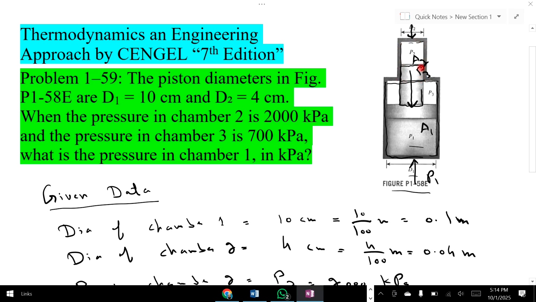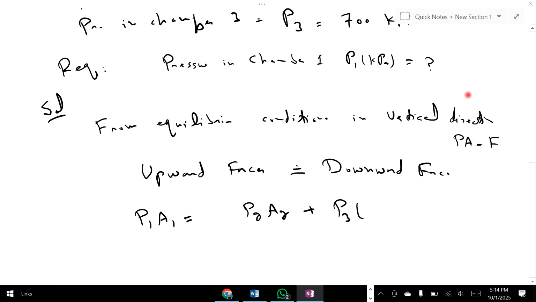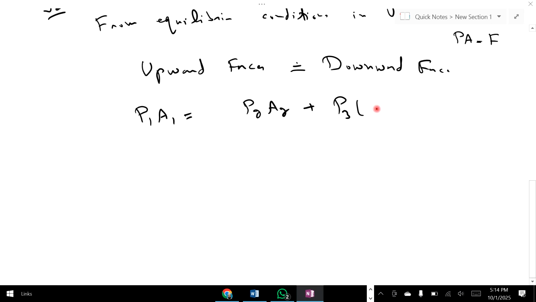So I will subtract this area from the total. So I will write P3 times A1 minus A2.